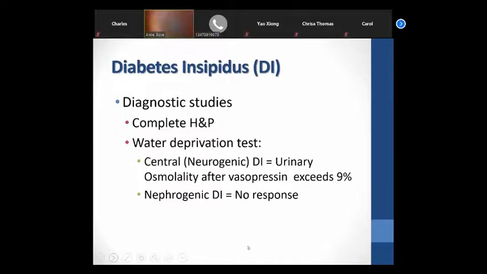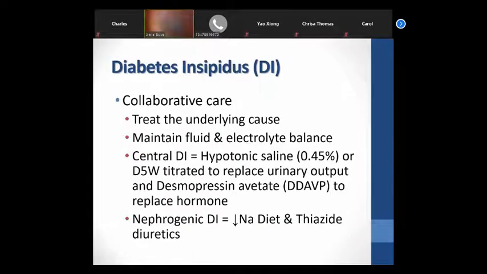For the underlying cause, you have to maintain fluid and electrolyte balance. And in terms of replacement of water, I think I might have said this to you. Replacement of water is you either ingest water through your GI tract, or if you're going to give water intravenously, you give D5W.